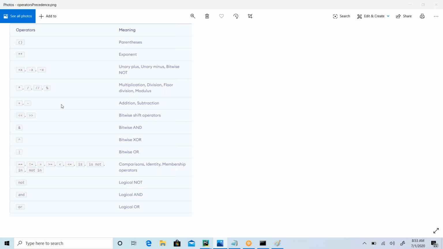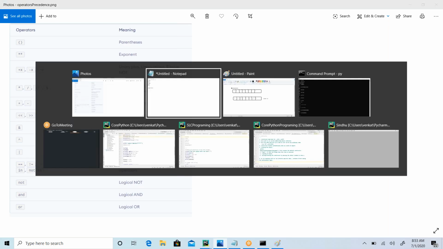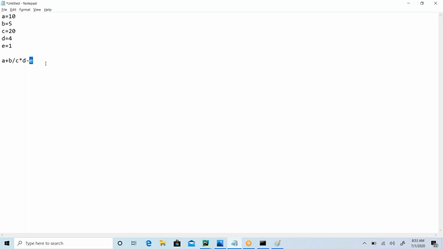Here, BODMAS rule can be applied when you have just basic operators: plus, minus, multiplication. But what if I have floor division, the modulus operator, or other operators? Then your BODMAS rule is just not enough for solving all the problems, because we have special operators. Say I have a modulo operator here, and let's take the e value as maybe 50.